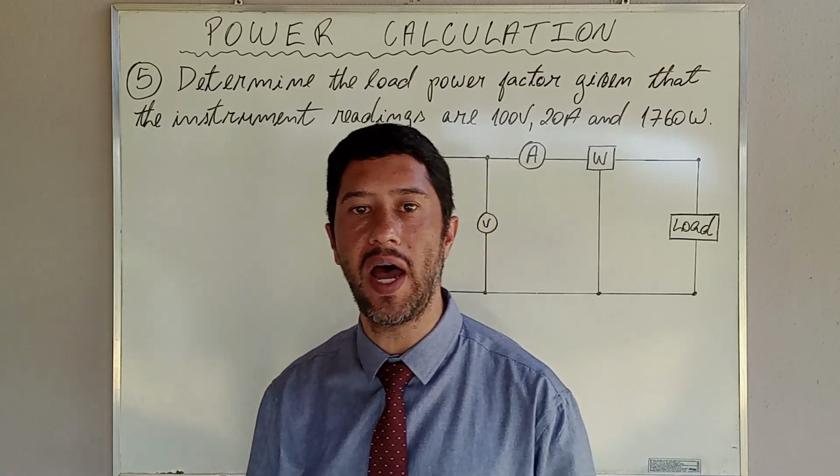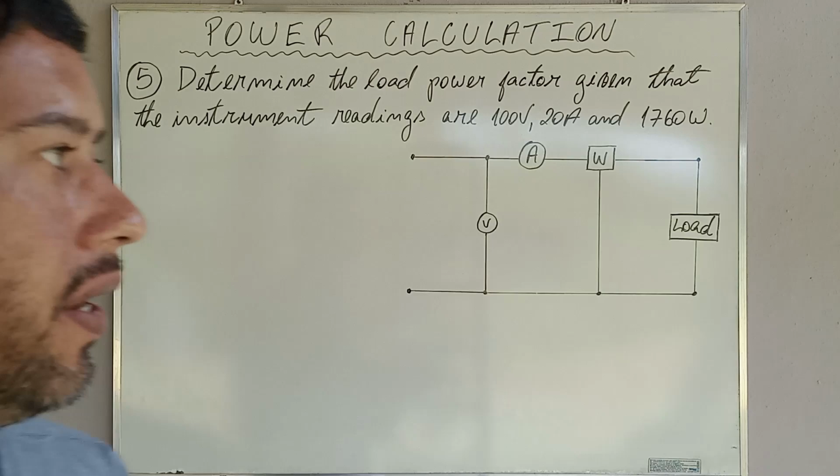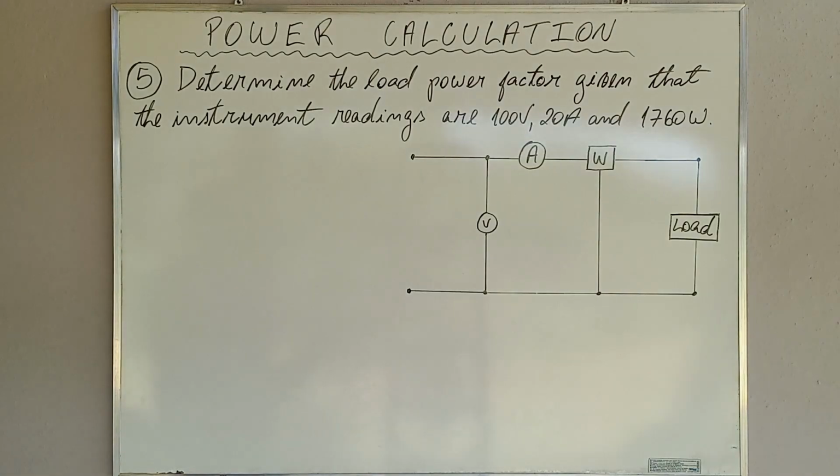Exercise number 5. Determine the load power factor given that the instrument readings are 100 volts, 20 amps, and 1760 watts. This is the question. Let's go to the solution. Observe that this is an extremely simple exercise.